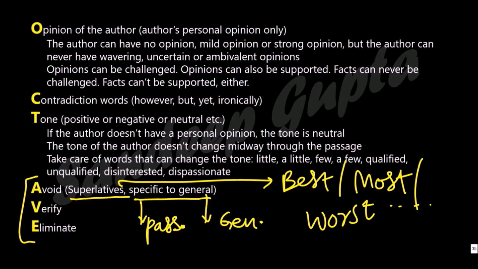For example, we have a passage coming up on Javan rhinos. The answer choices should stick to the Javan rhino and not generalize to any animal or other animals or other mammals, etc. So always avoid something that is specific in the passage but has been generalized in the answer choices. And obviously, we always verify and eliminate and never select an answer thinking this sounds correct.